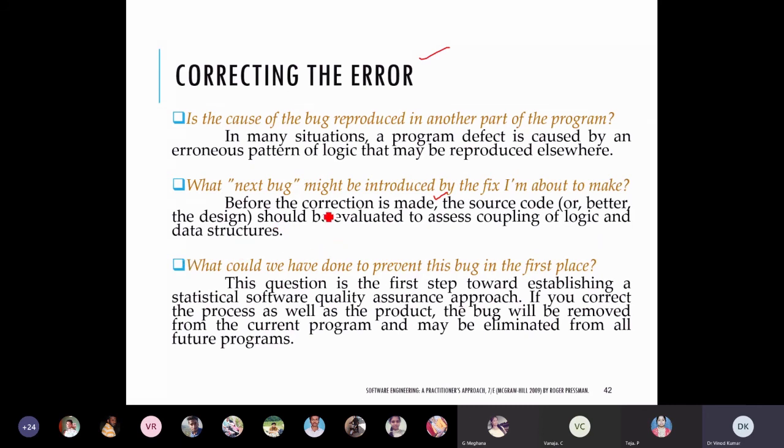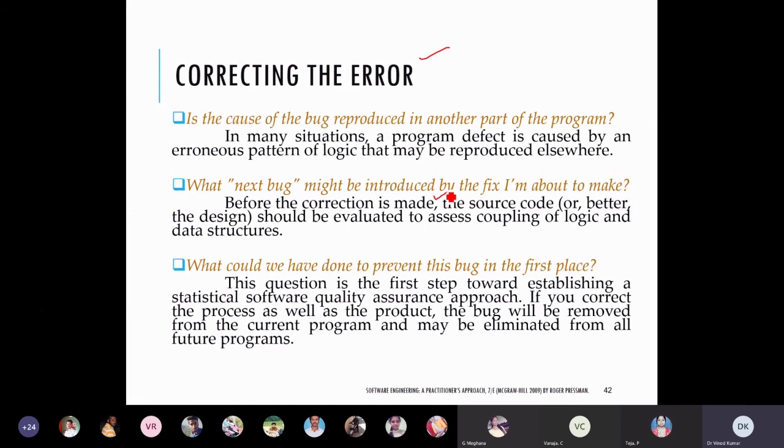So you have found the problem; you know this is the bug or defect. Now I have to fix it. Before fixing that, you analyze everything, that if I fix this problem, it may cause some other problem in the software code. So you analyze before implementing, otherwise some problem will come again.